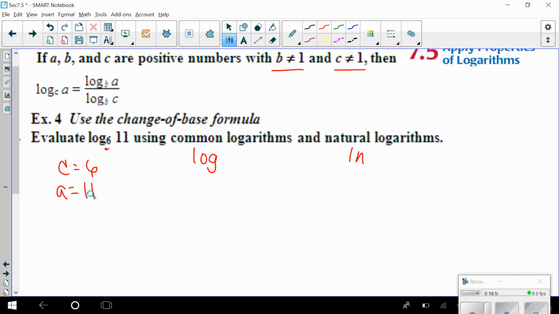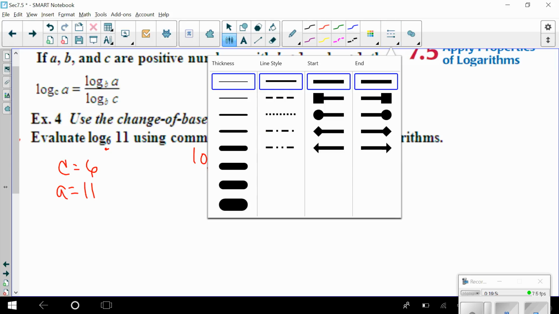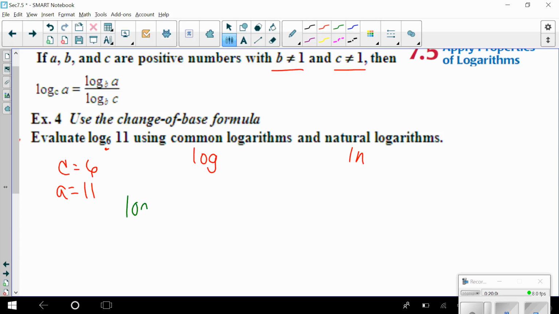Okay, so let's use this change of base formula. We're going to look at the common log first, which is just log, where the base is 10. So the common log of 11 divided by the common log of 6.